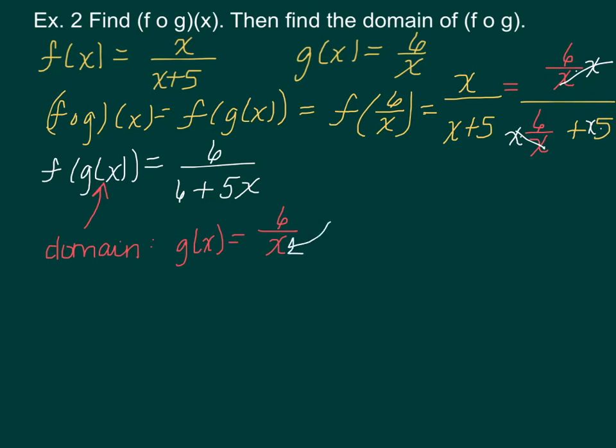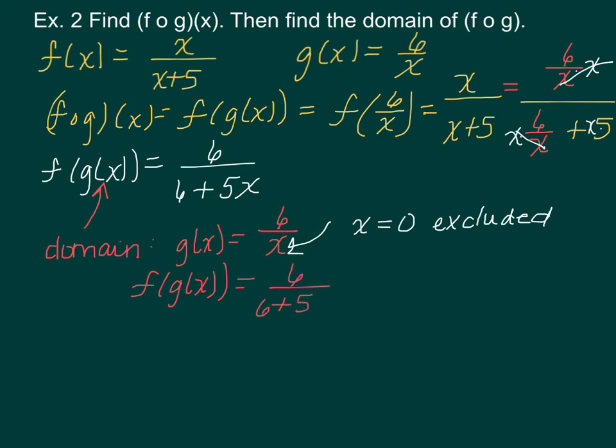Yes. What would make this denominator 0? Well, x equals 0 has to be excluded. Okay? Then you find the domain of the entire thing, which is f of g of x, which we found to be 6 over 6 plus 5x.